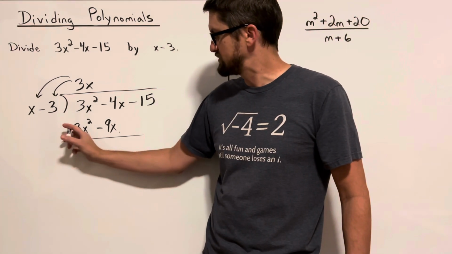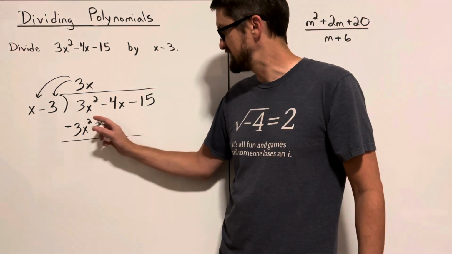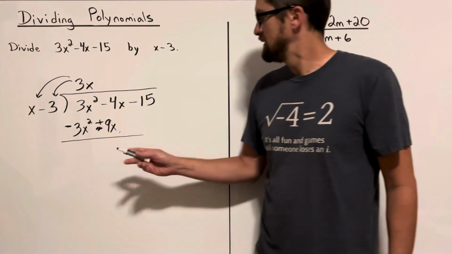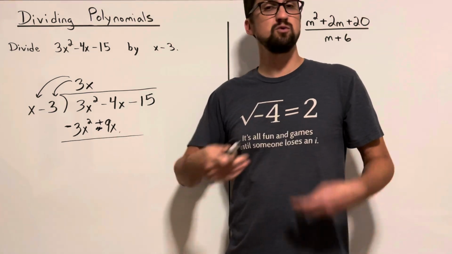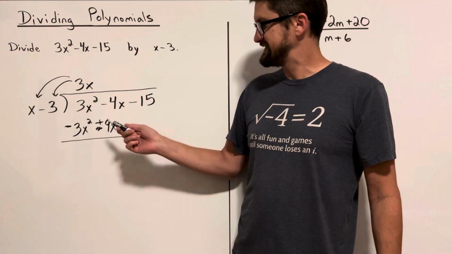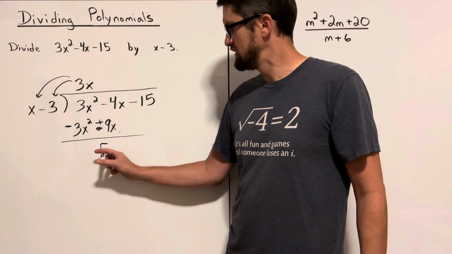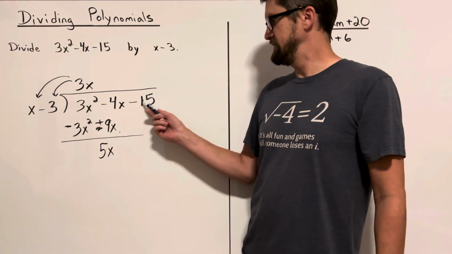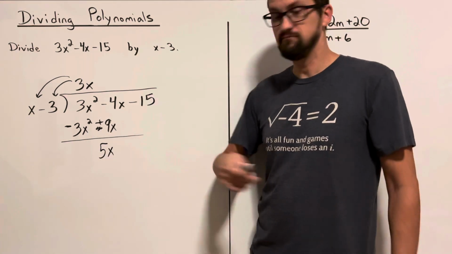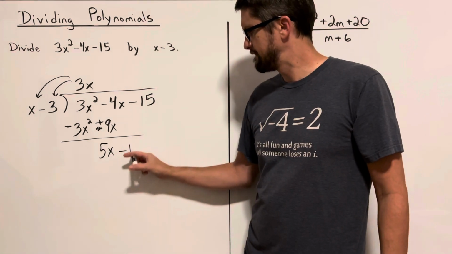Subtracting a minus is a positive. So this is going to change to a positive. And then 3x squared minus 3x squared, they go away, gives you 0. And then minus 4x plus 9x is going to give you 5x. So we're going to write 5x down here. And then this negative 15 minus nothing, you're going to bring down the minus 15 here.